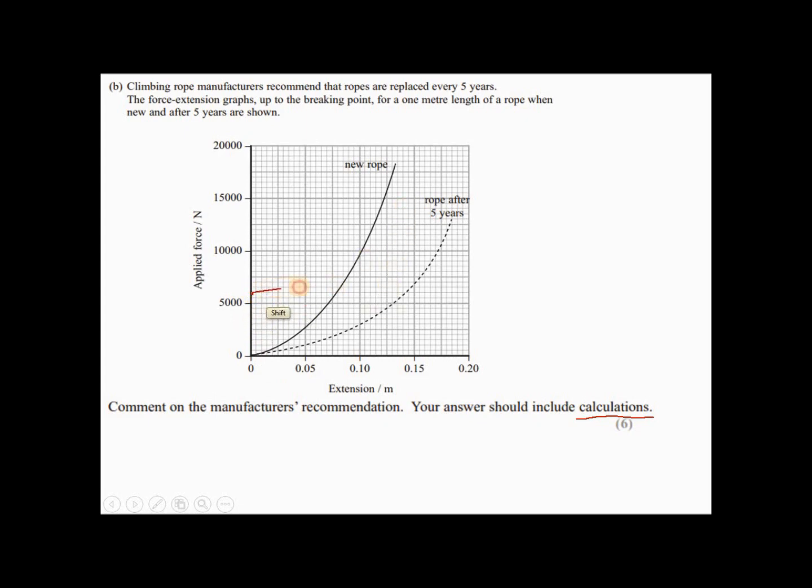I'm drawing a horizontal line till that point, and this is the point where the graph is ending.